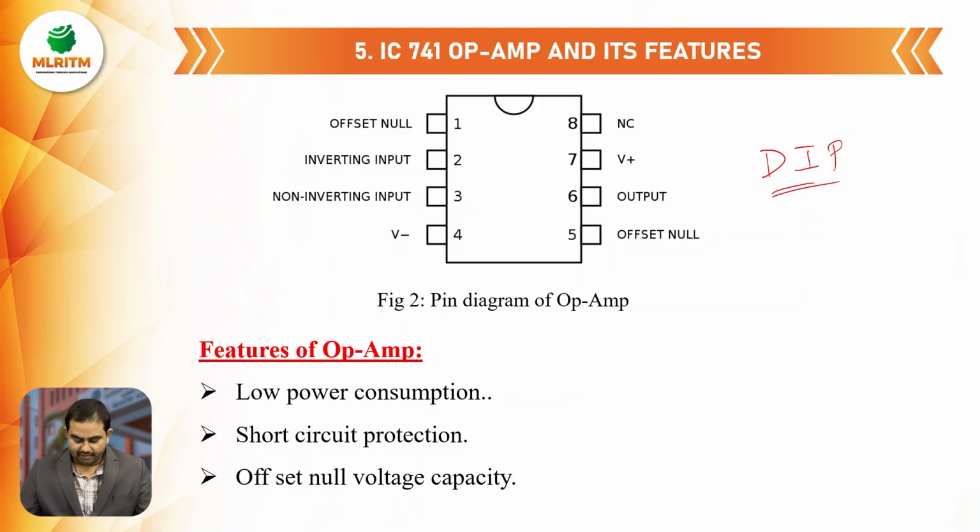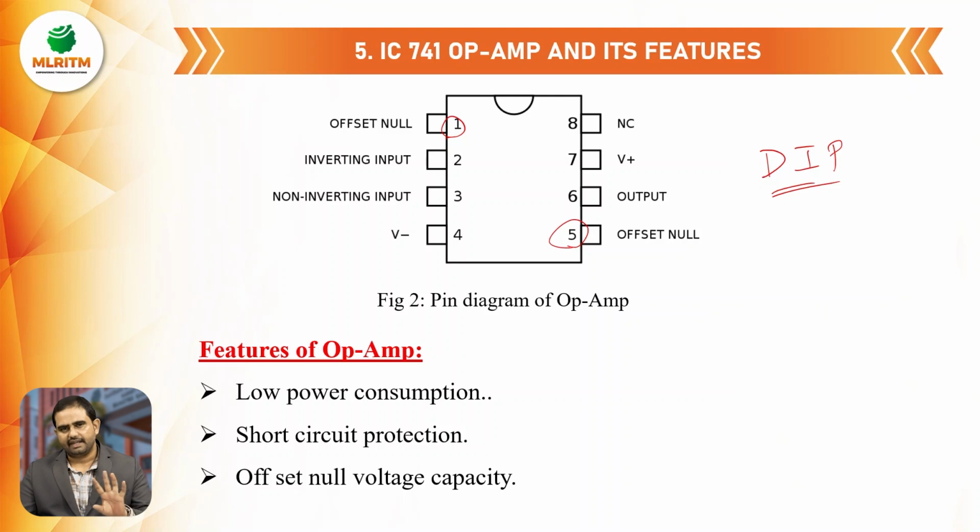So we'll see one by one pin. If you observe the first pin and the fifth pin, both are called offset null pins. Before explaining the offset null pin, first we have to know what the term offset means. Offset means, consider any electronic device apart from an oscillator.